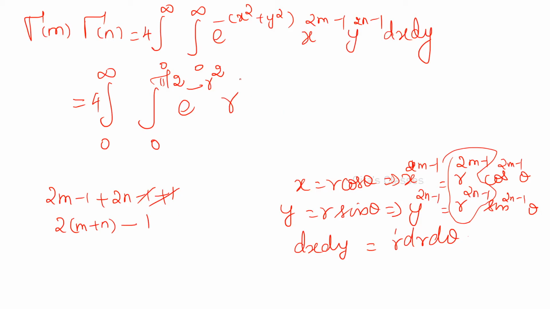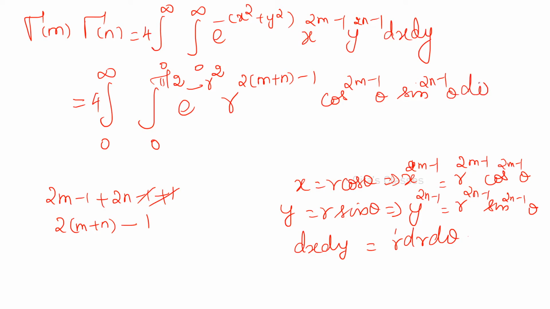So r power 2 into m plus n minus 1, right? From every term I have taken r outside, right? So what is remaining here? cos power 2m minus 1 theta into sin power 2n minus 1 theta into d theta dr.